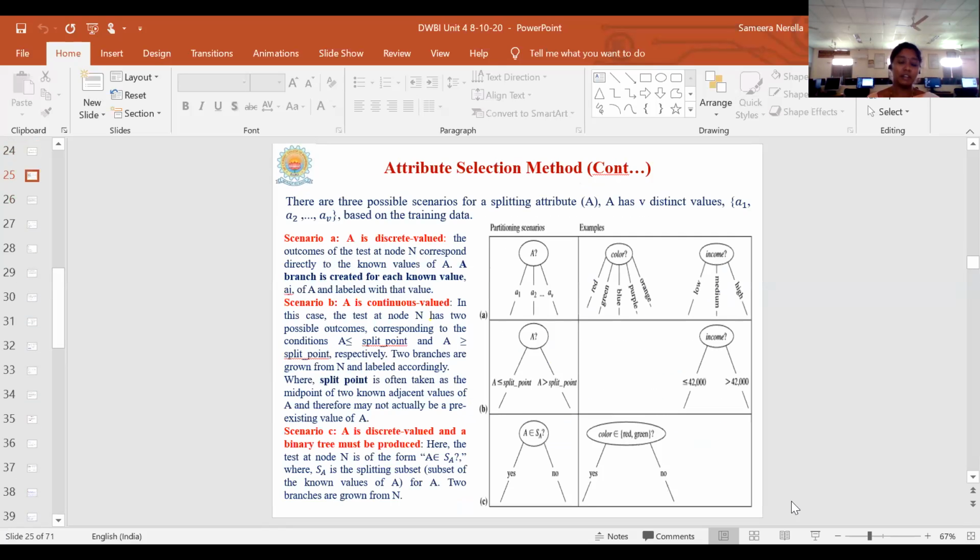Just go through this slide. This is the slide which indicates the three scenarios: splitting subset, splitting criteria or the split point, and a general case, considering the distinct values of the attribute as it is. Just go through this slide once.